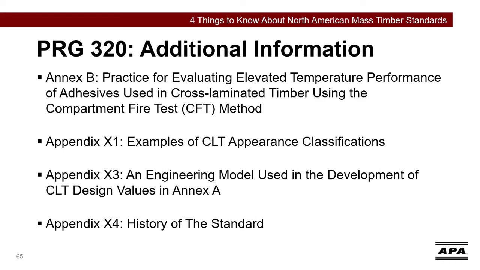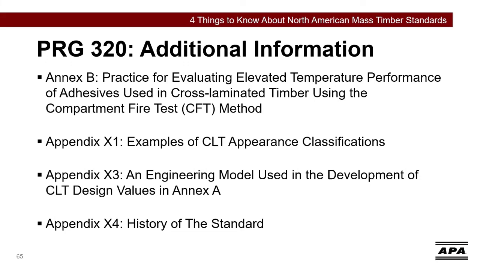Appendix X2 gives the test setup used in the development of Annex B. Appendix X1 outlines two CLT appearance grades, architectural and industrial, so that designers and fabricators align expectations about visible wood's appearance.